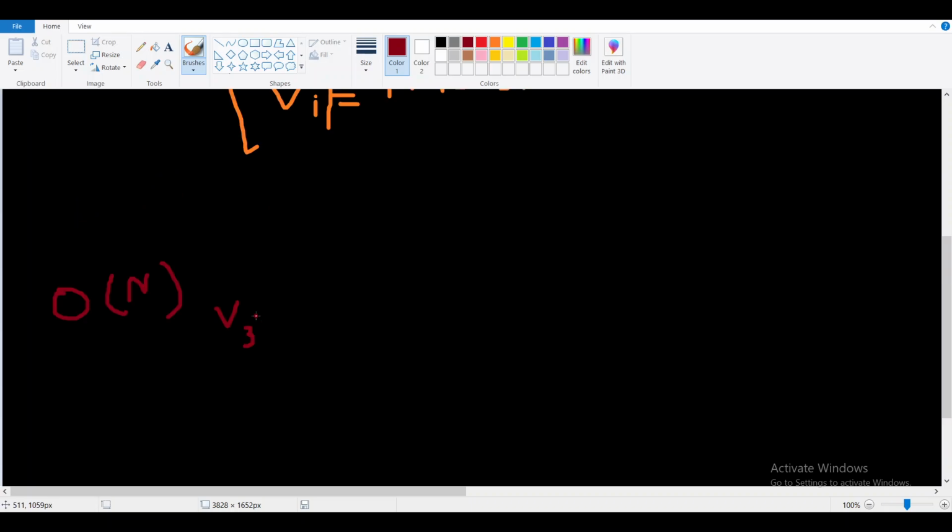V3 we can write as 3 times 10 squared, that is 300, plus 3 times 10 to the power 1, plus 3 times 10. So an order of n solution you can think of is that we iterate n times and add n times 10 to the power of something. You might assume it is n times 10 to the power n minus 1 plus n times 10 to the power n minus 2, like that, but that is not exactly the case.